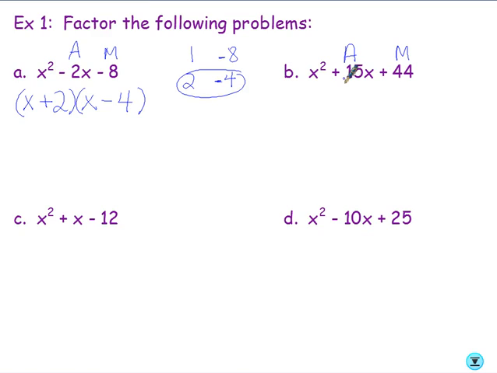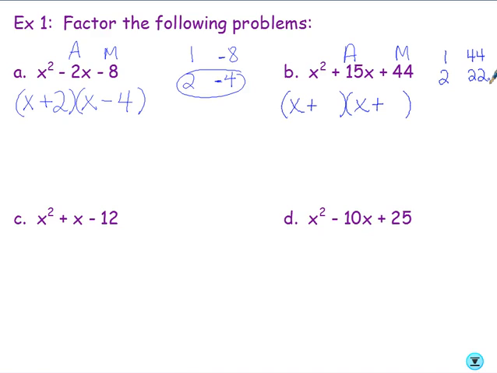So I'm going to go and write down my parentheses, and I'm going to put my X's, and I've just decided that everything's positive. Now I start writing out my possibilities. I'm working with the number 44. Well, 44 could be 1 times 44. 44 could be 2 times 22.